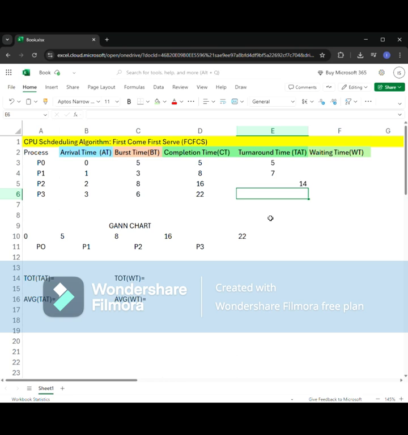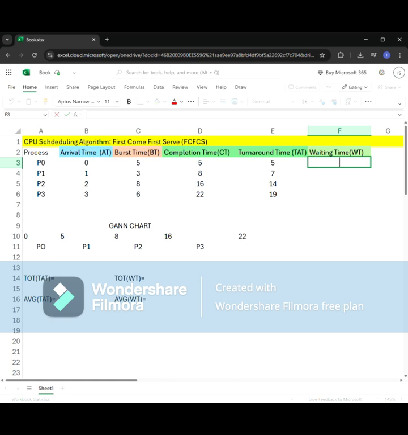This is the result of turnaround time. Next is the waiting time. How do we get that? You subtract the burst time from the turnaround time. The P0 is 0, because the turnaround time is 5 and the burst time is 5. 5 minus 5 equals 0. The P1 is 4, because the turnaround time is 7 and the burst time is 3. 7 minus 3 equals 4.